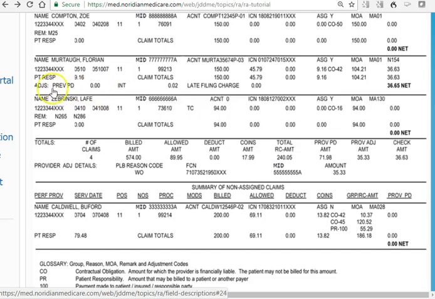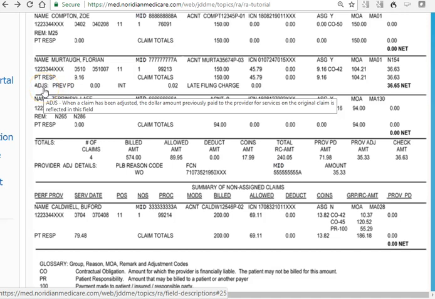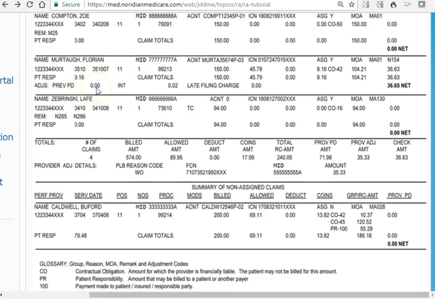If there are additional adjustments, as in it was paid improperly, for example, paid at a physician assistant rate instead of a medical doctor rate, or vice versa, then this line here would tell you what was previously paid and what the adjustments were intended to be.